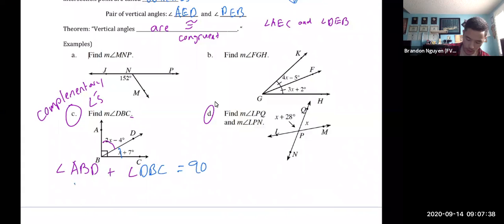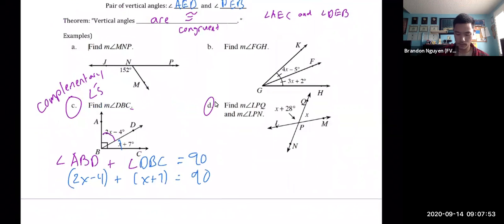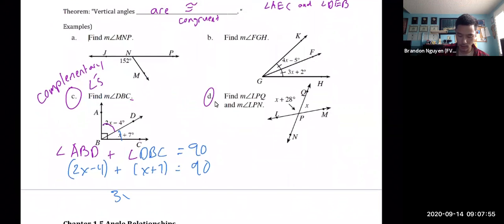So from here, just angle addition: 2x minus 4 plus x plus 7 equals 90. You guys probably see that on the notes. 3x, add your like terms, plus 3 equals 90. 3x equals 87.